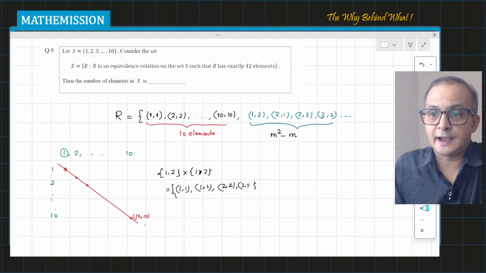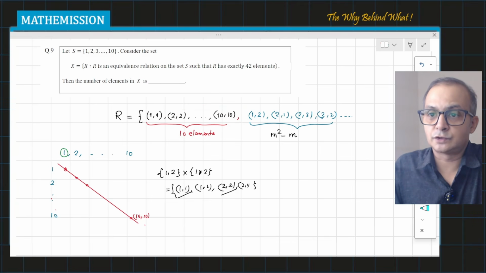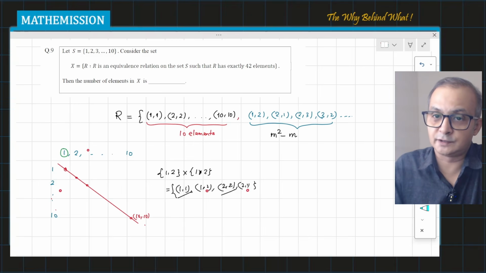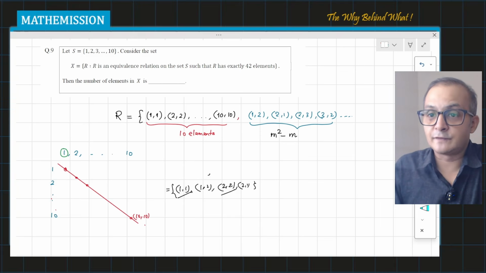In that, (1,1) and (2,2) you have already included when creating the reflexive relation. It means you are left with only (1,2) and (2,1), which are needed there for symmetry. This idea will work for every such subset you want to construct.